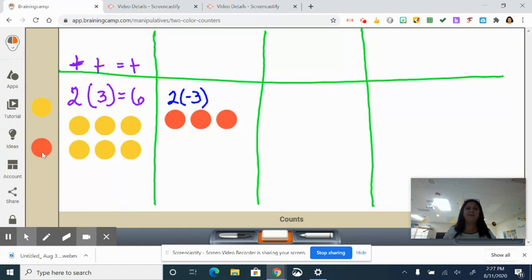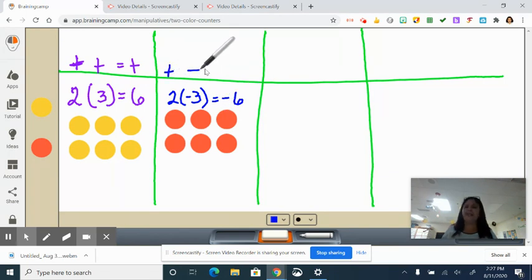There's 1 and there is 2. And what am I going to end up with? What's my answer? Negative 6. So now I took a positive and I multiplied it by a negative, and I ended up with a negative.